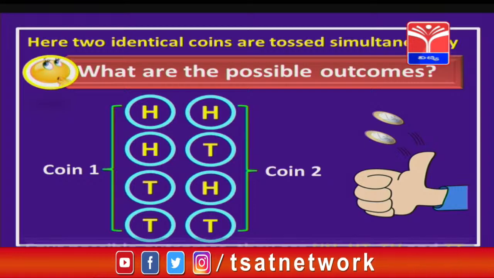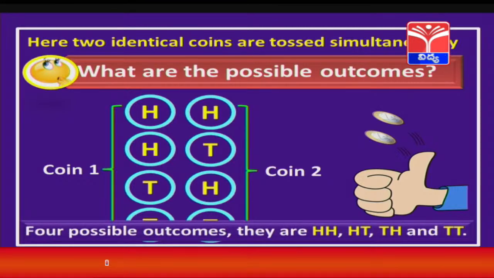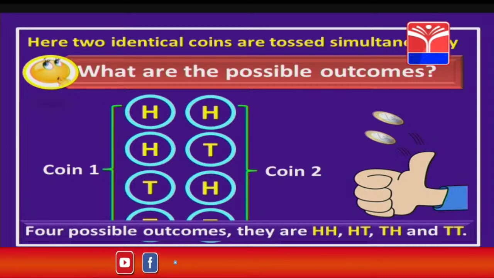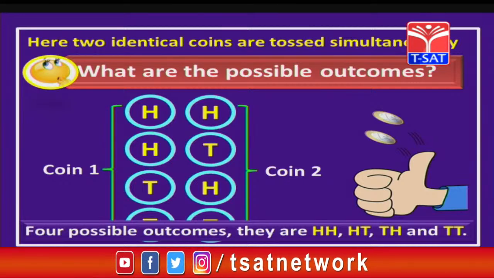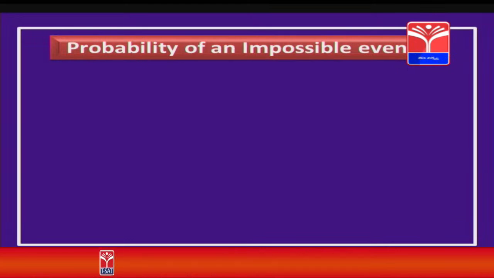Yes, there are 4 possible outcomes. Now, what are there? Both heads, first head, second tails, or first tails, second heads, and the last one is both can be tails also, children. I hope you understood how to find the possible outcomes, children. Got it? Yes.